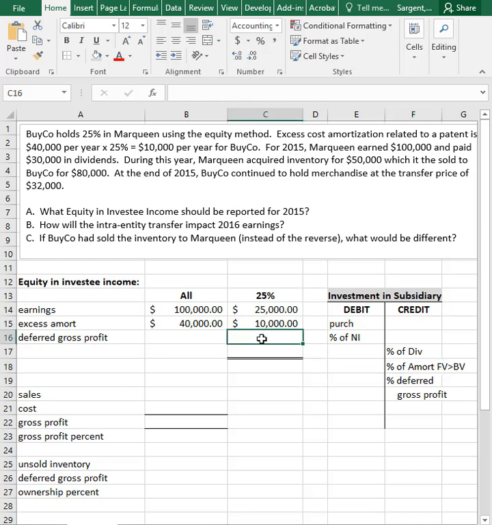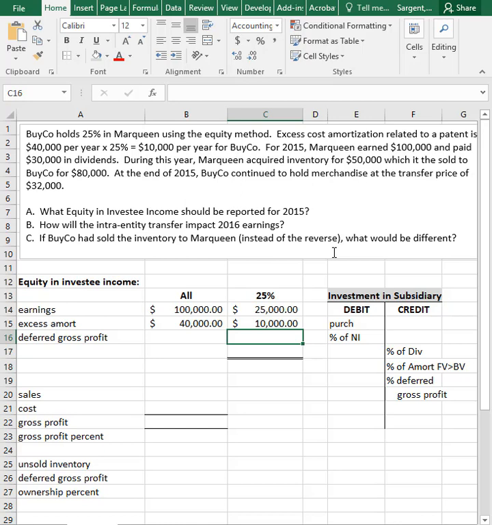But we also have some deferred gross profit here, and that is because they had transactions with each other. And we can't record profits until we sell to an outside unrelated party. So 75% of the gross profit we could recognize because it was sold to somebody else, but the 25% that was sold to each other, from parent to subsidiary or subsidiary to parent, we can't report that yet, not until it gets sold to an outside party.